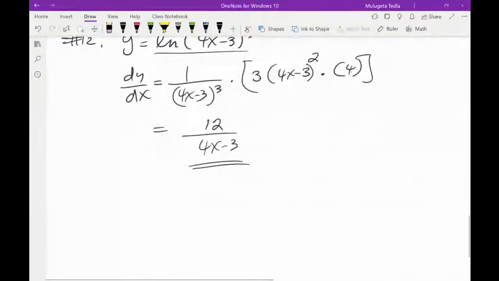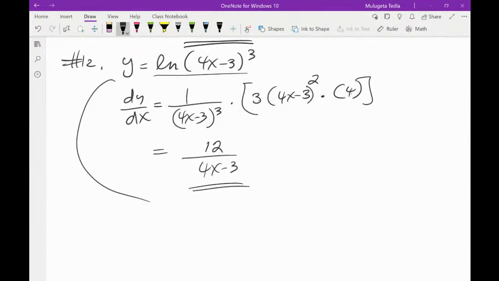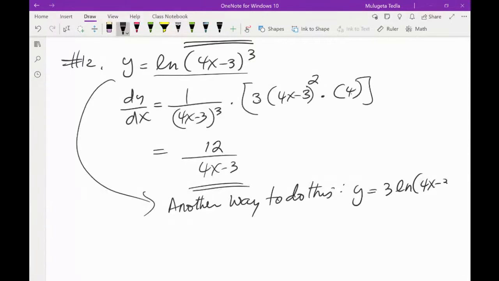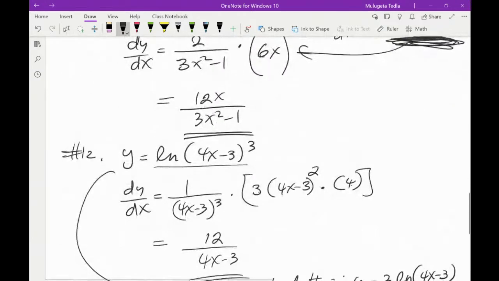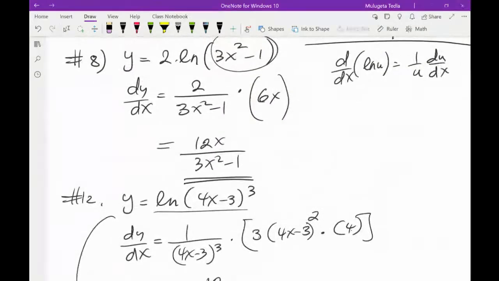Okay, another way to do this, which you don't have to be bothered by. The same function y is 3 ln of 4x minus 3, isn't it? Do you remember the logarithmic property, another property of the power?